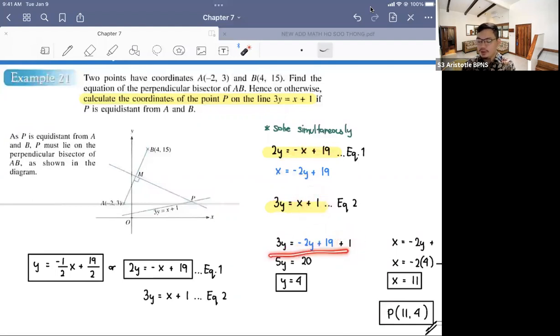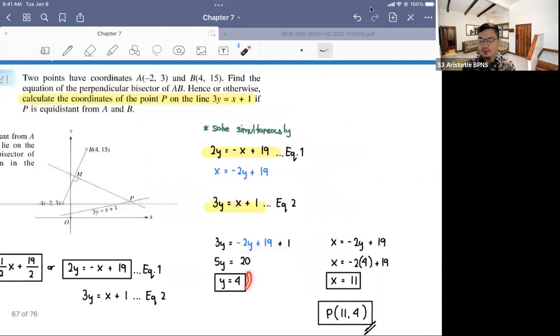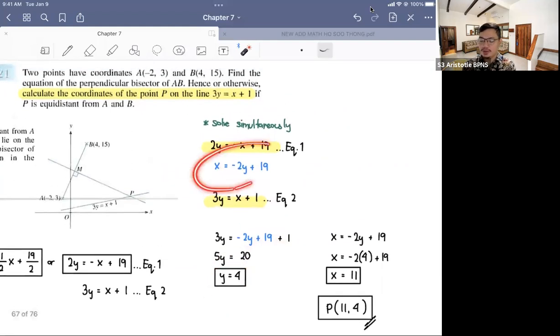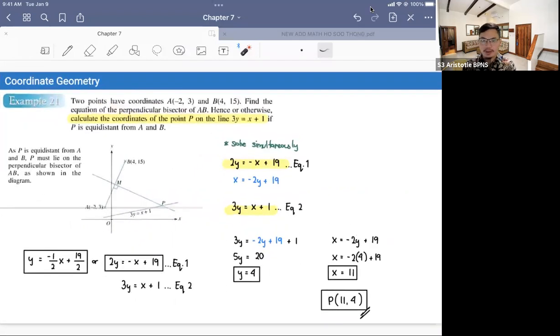Solving for y, y is equal to 4. And then solving for x, x equals negative 2y plus 19, so y is 4, therefore your x is equal to 11. So your final answer is point P is at (11, 4). This is the coordinates of the point P.